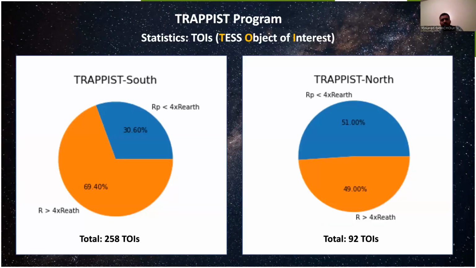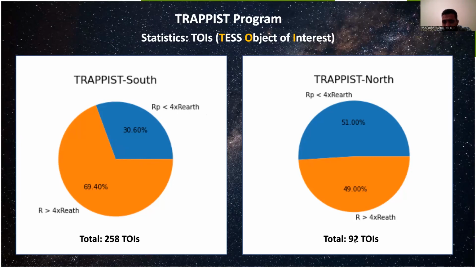For our observations in the TRAPPIST program, we have observed more than 258 TESS objects of interest with TRAPPIST South. More than 30% of these candidates are terrestrial planets with a radius smaller than 4 times the radius of the Earth.